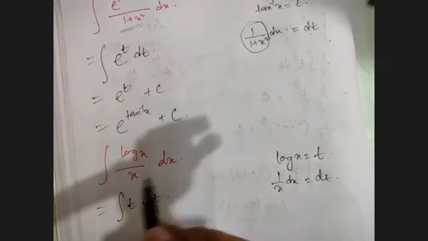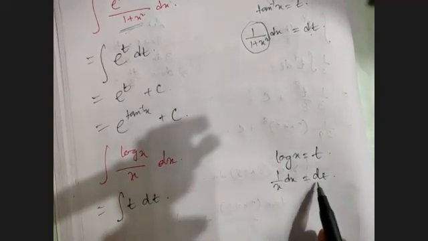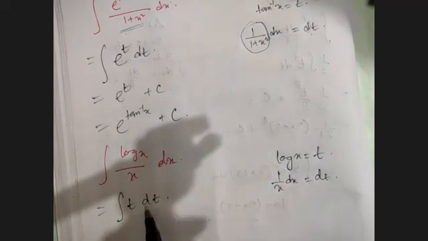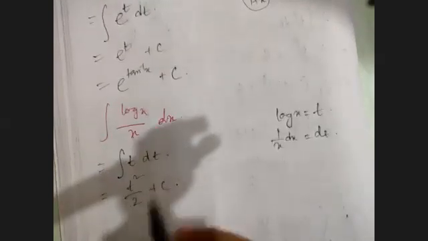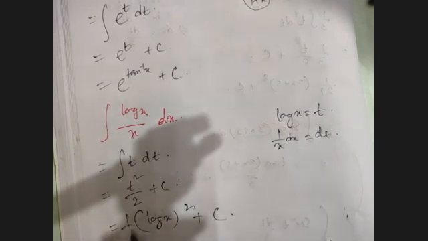Why? Because dx by x is equal to dt, so I have replaced that. That means t square by 2 plus c, which equals log x whole square plus c. Understood? Here half also will come: half log x whole square plus c.